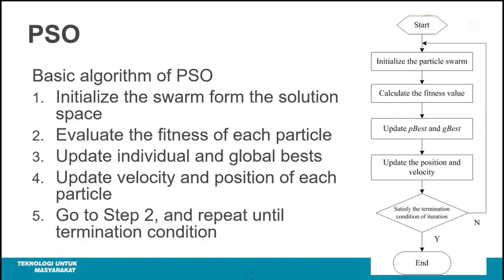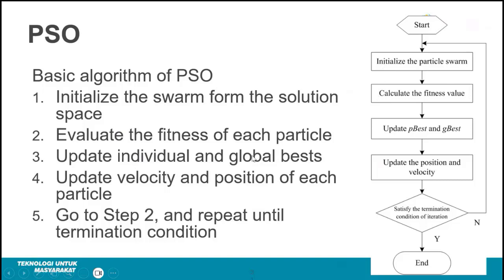Okay, so this is the basic PSO algorithm. It begins with initializing the particle swarm, which is the initialization phase. Then evaluate the fitness of each particle, where we calculate and determine the fitness value.